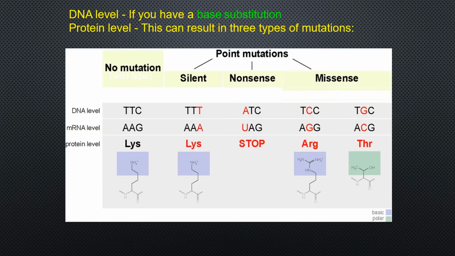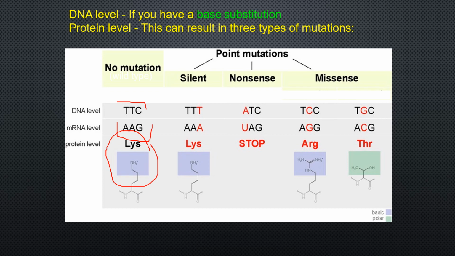So the interesting thing is that if we have a base substitution at the DNA level, at the protein level that can result in 3 different types of mutation. So when there's no mutation, for instance, again we have our DNA TTC, mRNA level complementary would be AAG, and that results in a lysine amino acid.